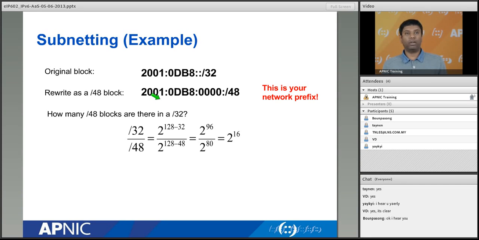But in this slide, what we're trying to explain is, if you have, say, from 32 up to 48, if you have 16 bits in your subnetting, then how many subnets can you create? 16 bits you have, say 32, 48. So 48 minus 32 equals how many? 16 bits. 16 bits, then how many subnets can you create? 2 to the power 16. 2 to the power 16 means around 65,536 new subnets that you can create. Right? That's the basic mathematics actually.